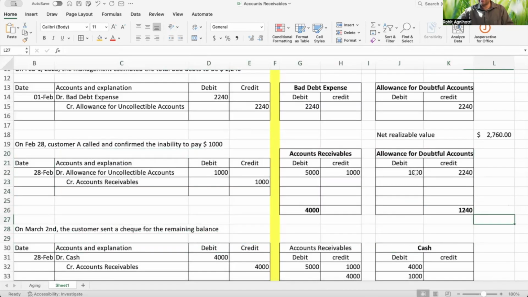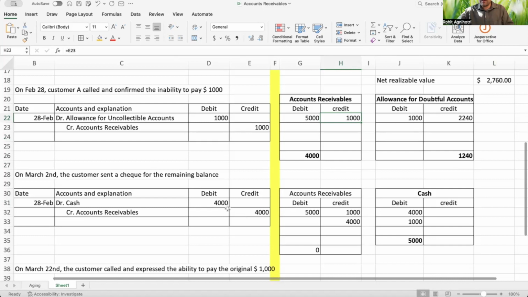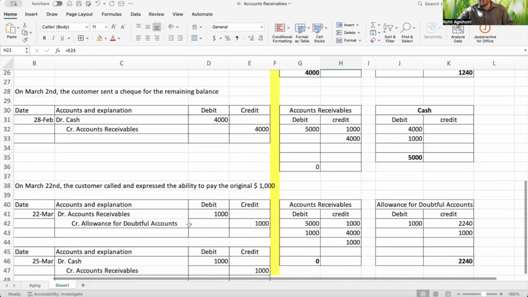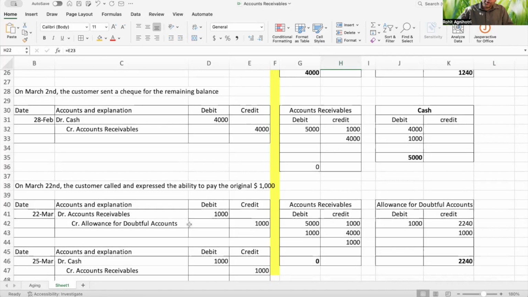You use the balance of the allowance account and reduce the balance of your accounts receivable. And then when you get a check, what do you do with the check? That is a debit on the cash side and a credit on the accounts receivable side. And then we also learned, when the customer calls you back, you have to put the balance back into your accounts receivable.